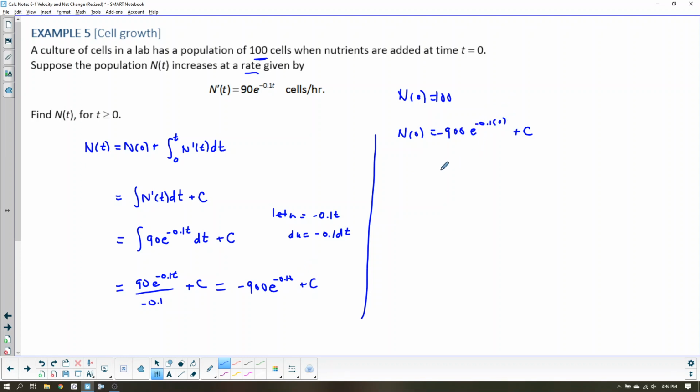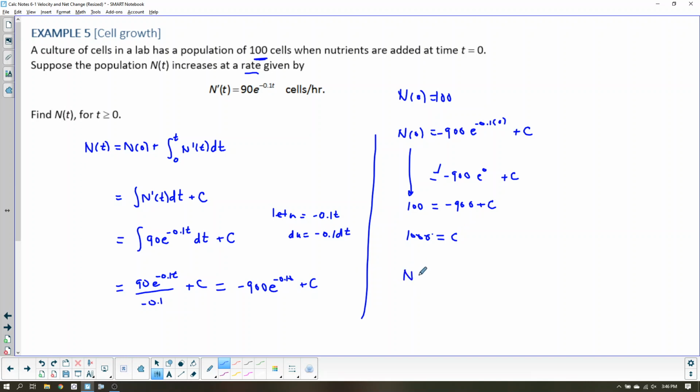So the exponent's going to be 0, so negative 900 e to the 0 plus c. Anything to the 0 is 1. But we know this is 100. Right? The initial amount was 100. Add the 900 over. So we have 1,000 is c.